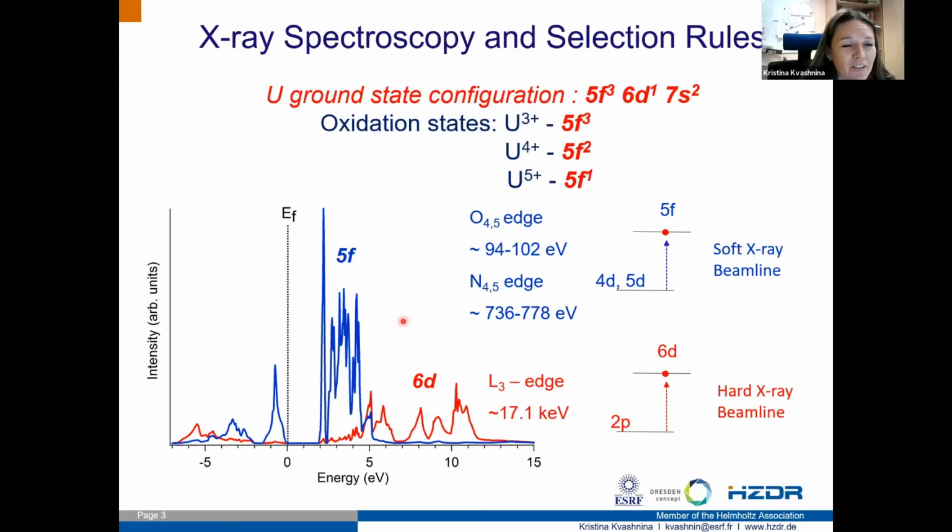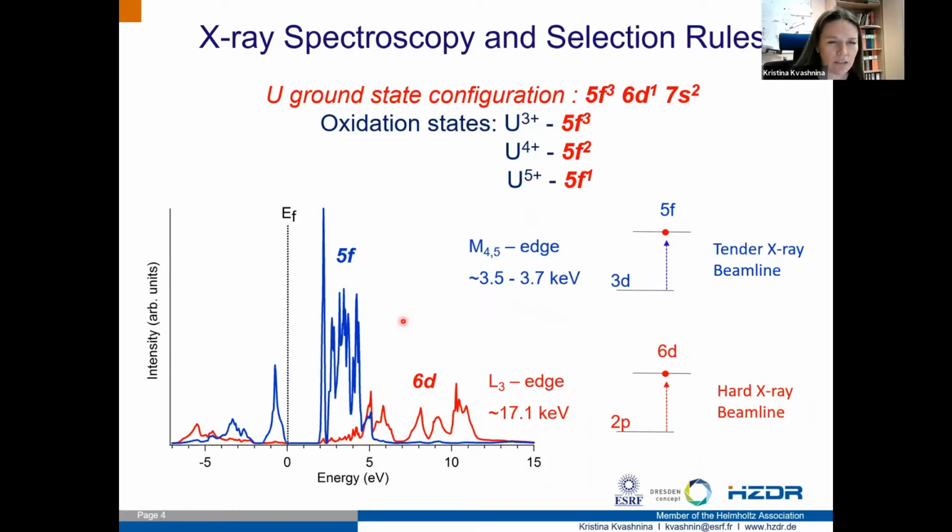And in fact, at large scale facilities, if you think about the safety groups and the safety officers, they generally were not really in favor of allowing actinides to be put into the vacuum. So there is another way to avoid having a vacuum near the actinide material, which is to use the tender X-ray range and probe 5f states from the 3d level.